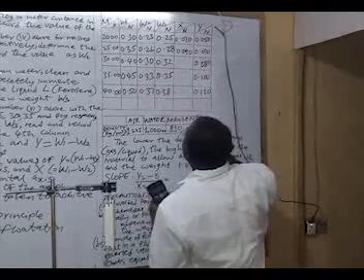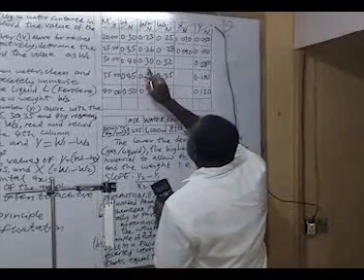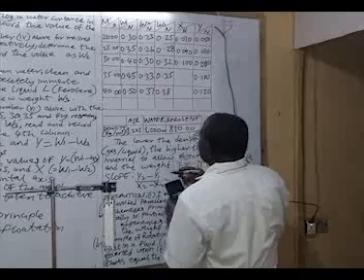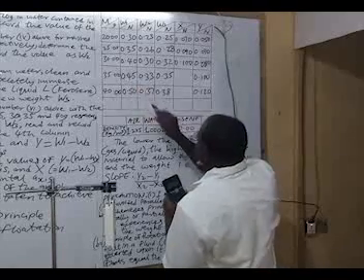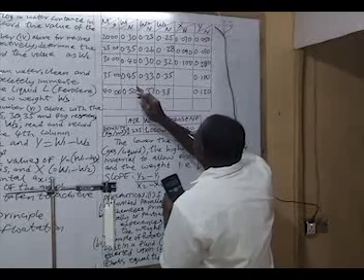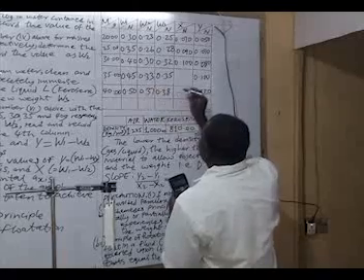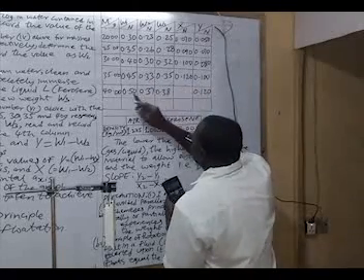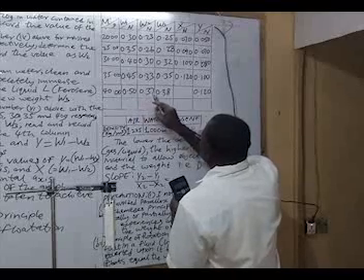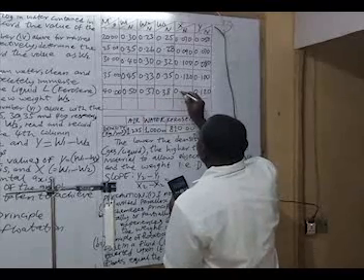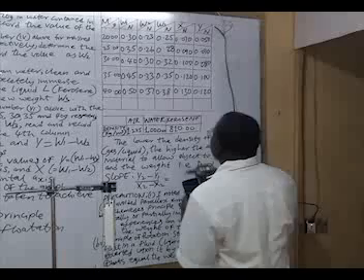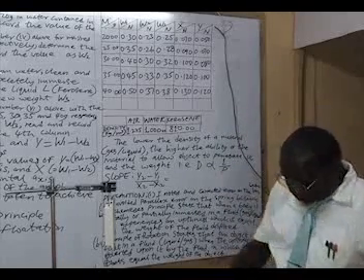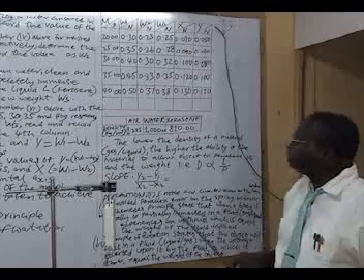The next one is 0.4 minus 0.3, 0.100. The next one is 0.45 minus 0.33, 0.120. The next one is 0.5 minus 0.37, that's 0.130. Now, having done that, I want you to observe something here which is very important.